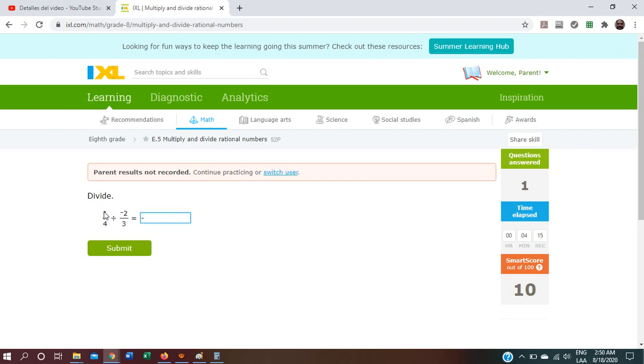In this case it is 1 times 3 equals 3, divided by the denominator times the numerator, 4 times 2 equals 8. We're always going to try to simplify or reduce our fraction, but in this case it cannot be reduced. So we submit our answer.